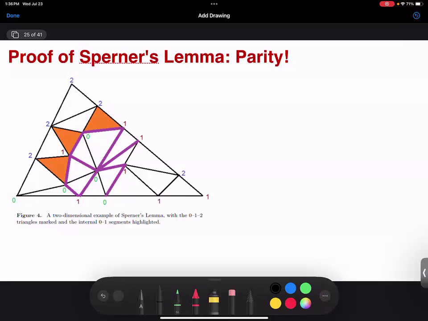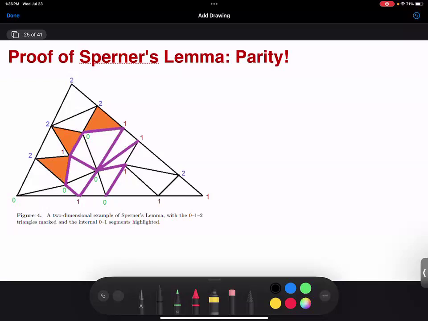So we don't know that there exists a 0, 1, 2 triangle. What do we know exists? Along those edges, there are 2 different numbers that need to be next to each other. Good. So we know on the bottom there's an odd number of 0-1s. On the left is an odd number of 0-2s, and on the right there's an odd number of 1-2s. I'm going to just focus on the 0-1s.